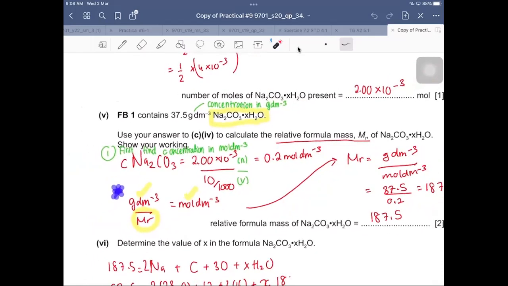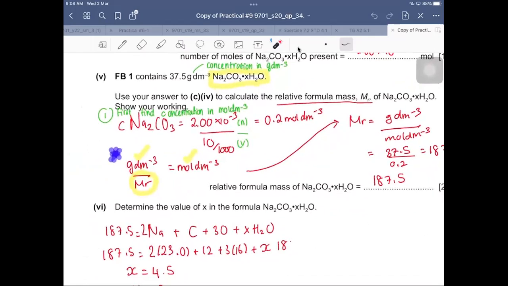So once you know the MR of that formula, you can then add up each individual AR value: 2 times the AR of sodium plus AR of carbon plus 3 times the AR of oxygen plus X times the MR of water, which is 18. You can work out what X is, and X should be a nice whole number.